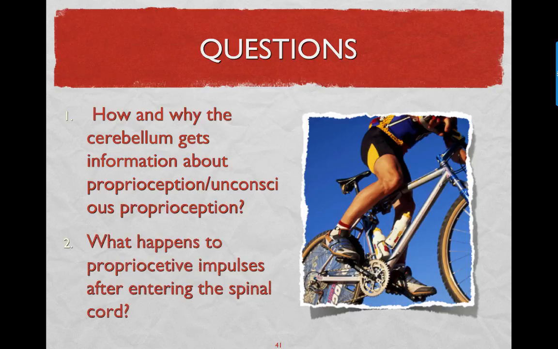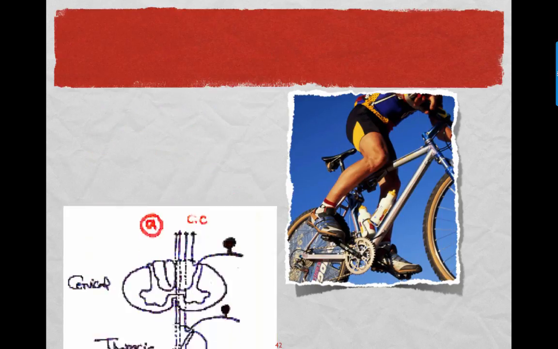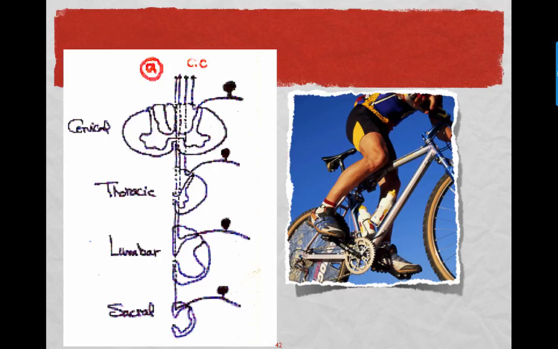Again, we have another question. What happens to proprioceptive impulses after entering the spinal cord? Here, this is one way for the proprioceptive impulse when it enters the spinal cord.